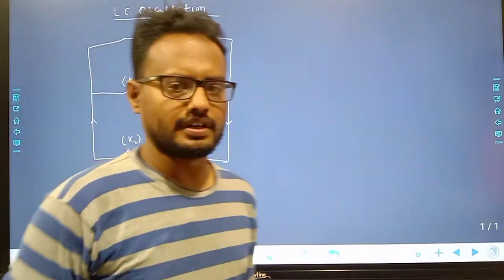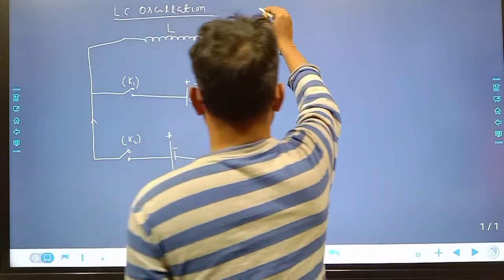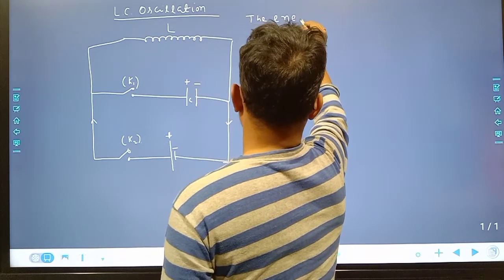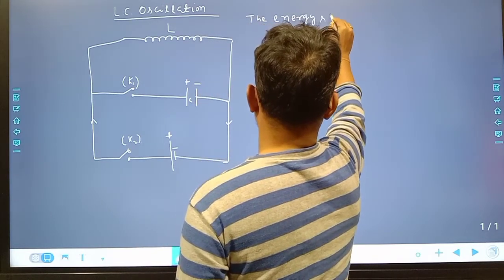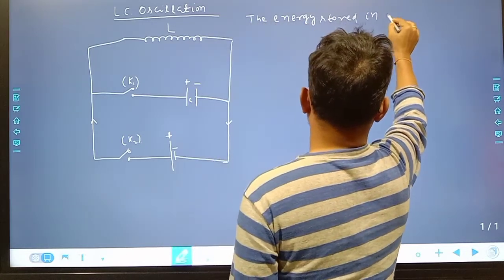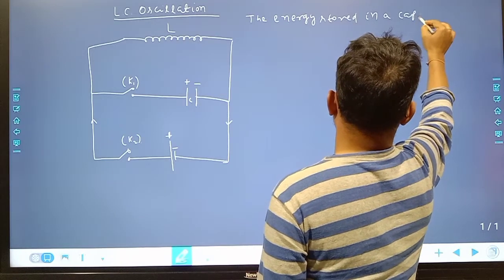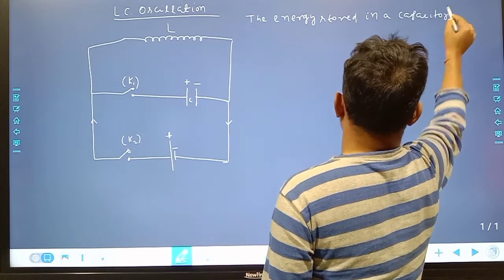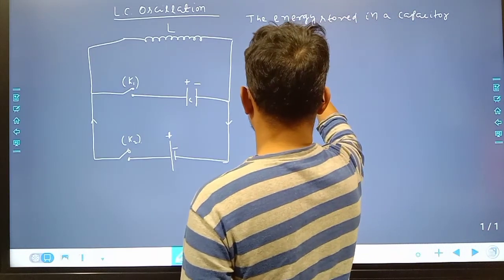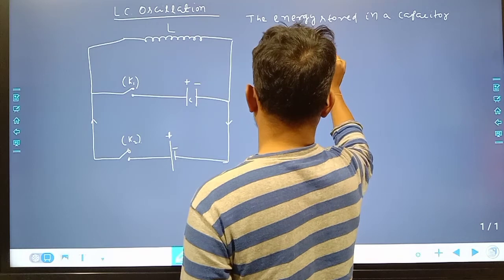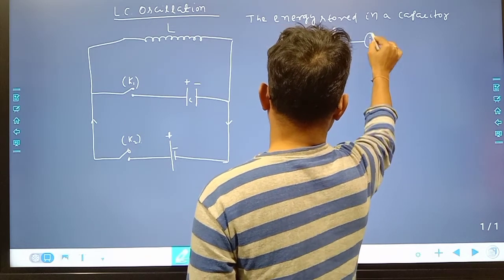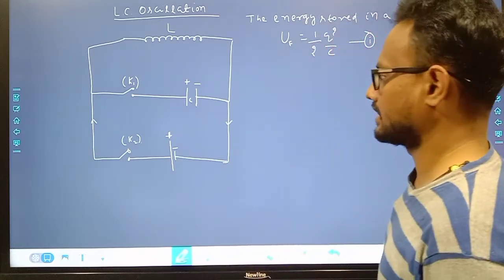We already know that the energy stored in a capacitor is electrostatic potential energy, U is equal to half Q square by C, in the form of electrostatic energy.